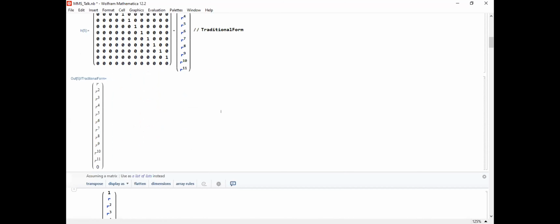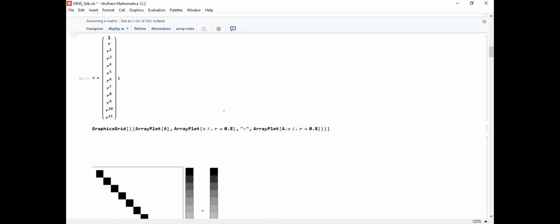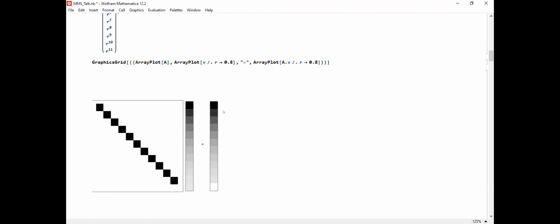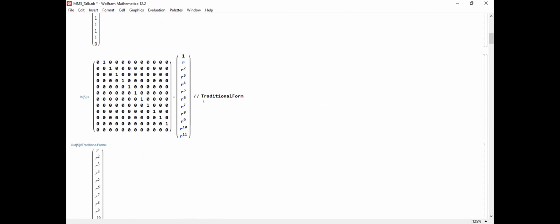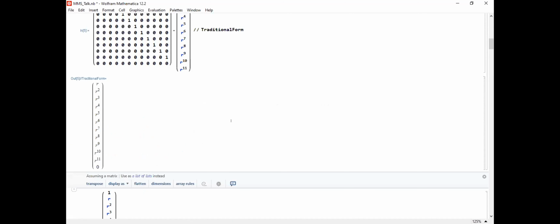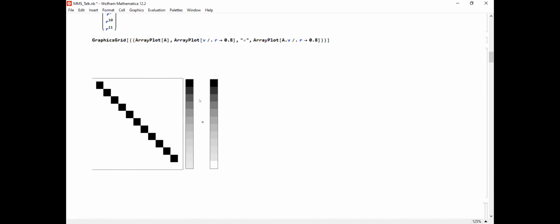And perhaps I can make this a little more visual so that you can easily see what's happening here. In this matrix, I'm going to represent the values with white for 0 and black for 1. And similarly, for these values here, they're going to have gray values. This is essentially the same picture as I had previously.